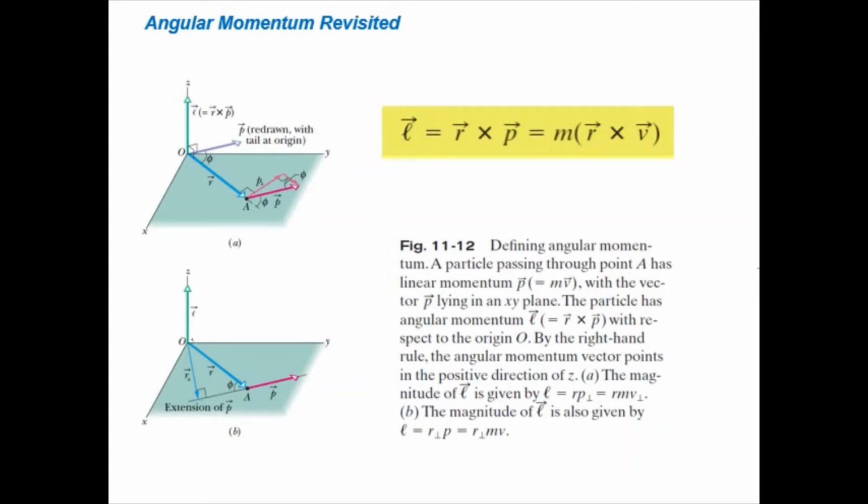That would allow you to write the size of the angular momentum as r perpendicular times the momentum, or in other words, r perpendicular times mv.